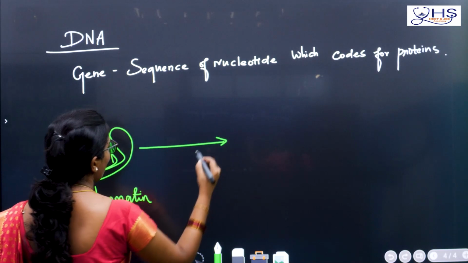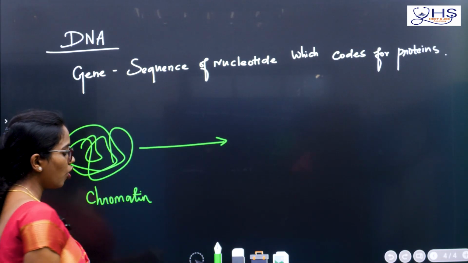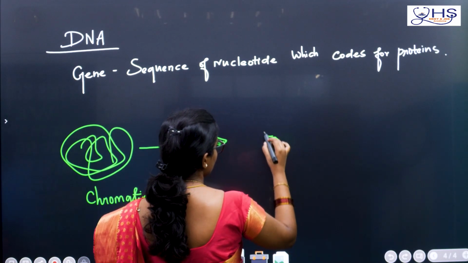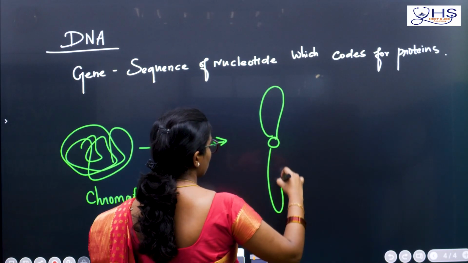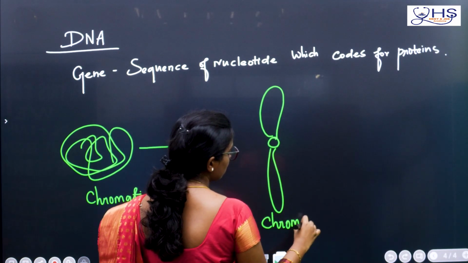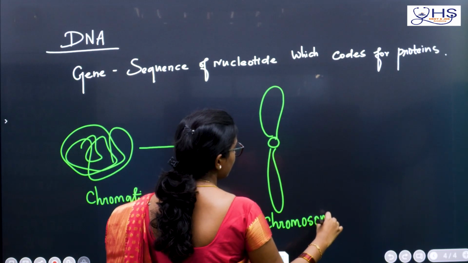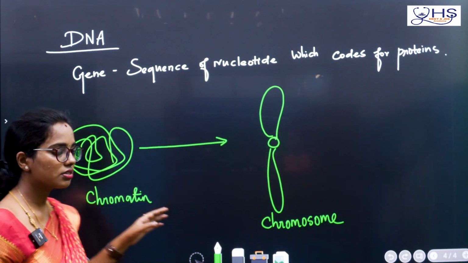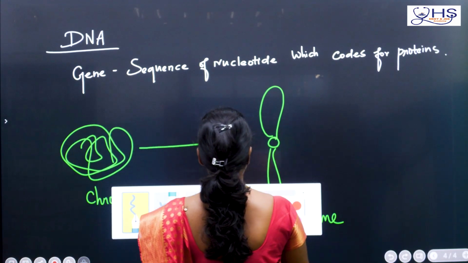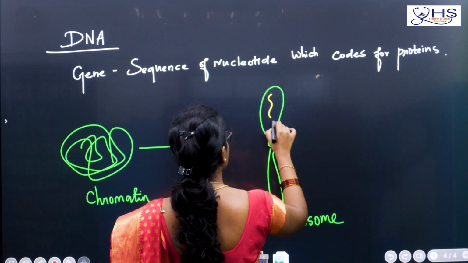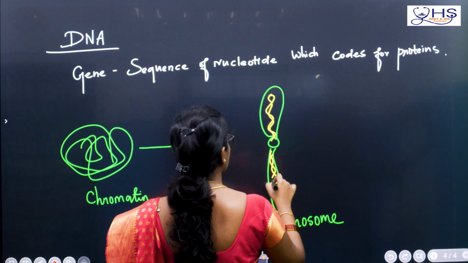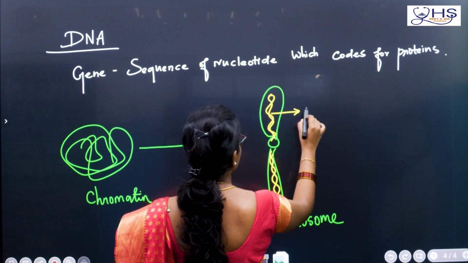Now the chromatin will condense to form a structure called chromosome during cell division. Yes, during cell division, the structure called chromatin will condense to form a structure called chromosome, and this chromosome will have the genetic material called DNA.